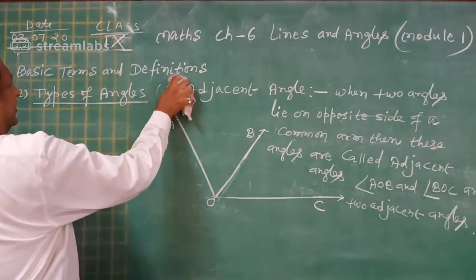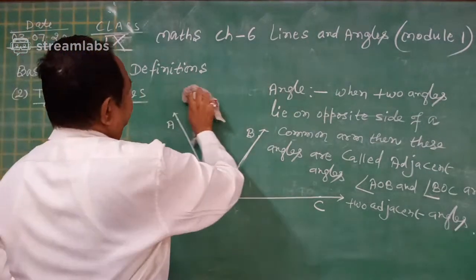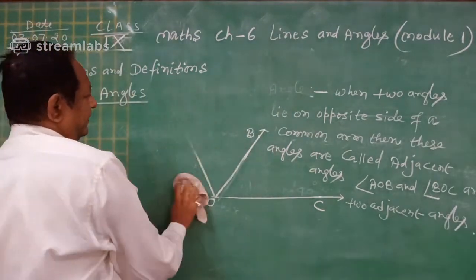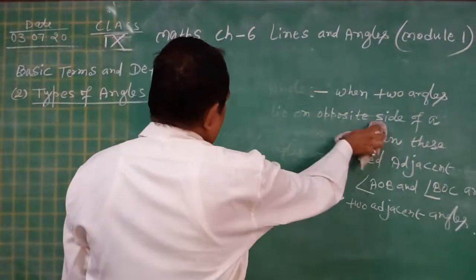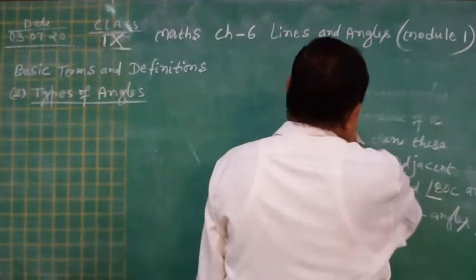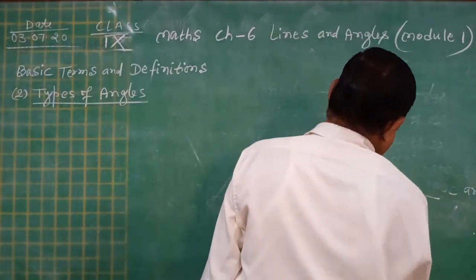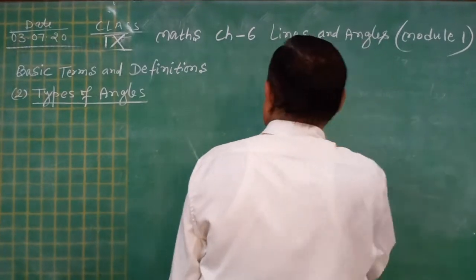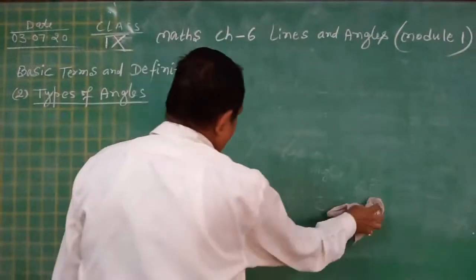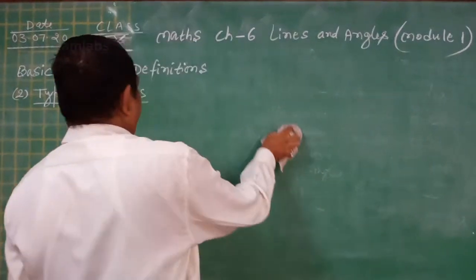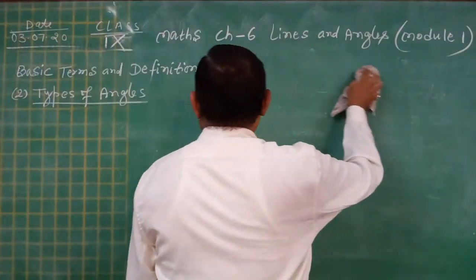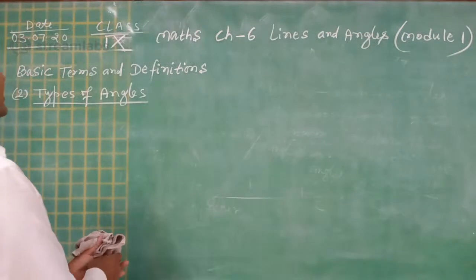So linear pair of angles. Point number 9. Linear pair of angles.